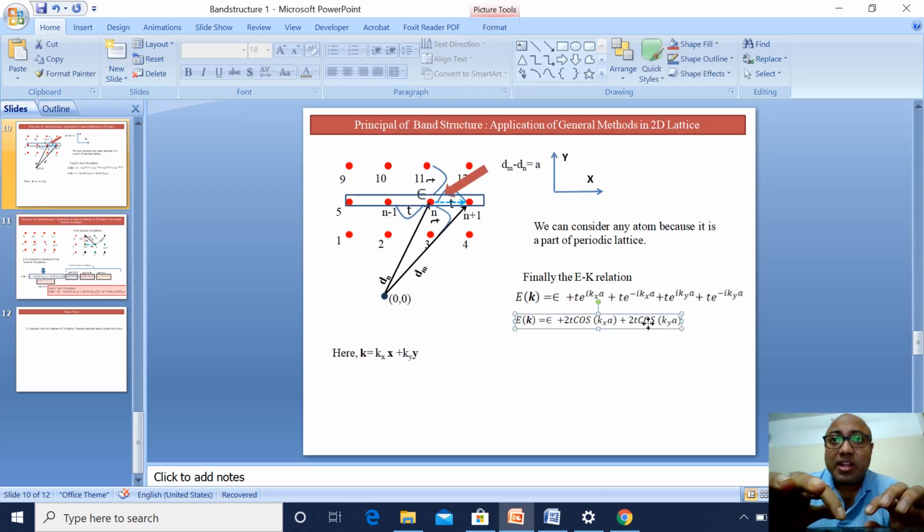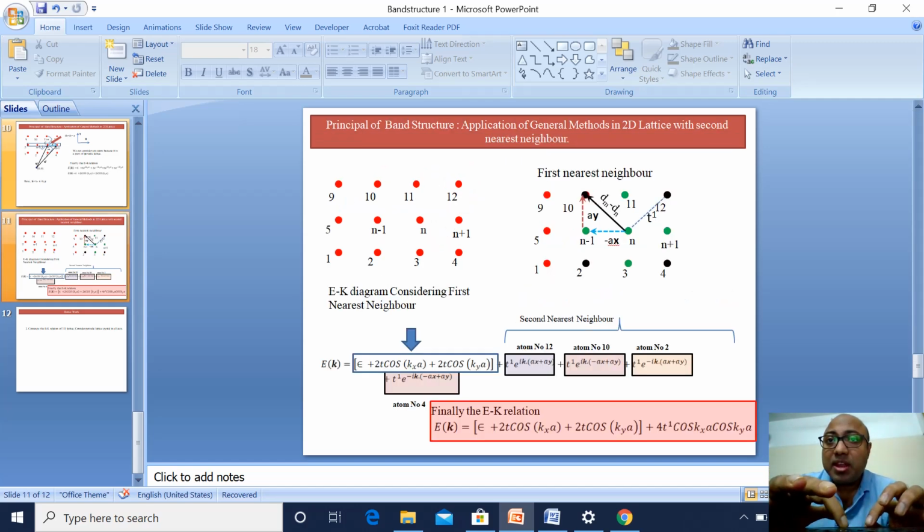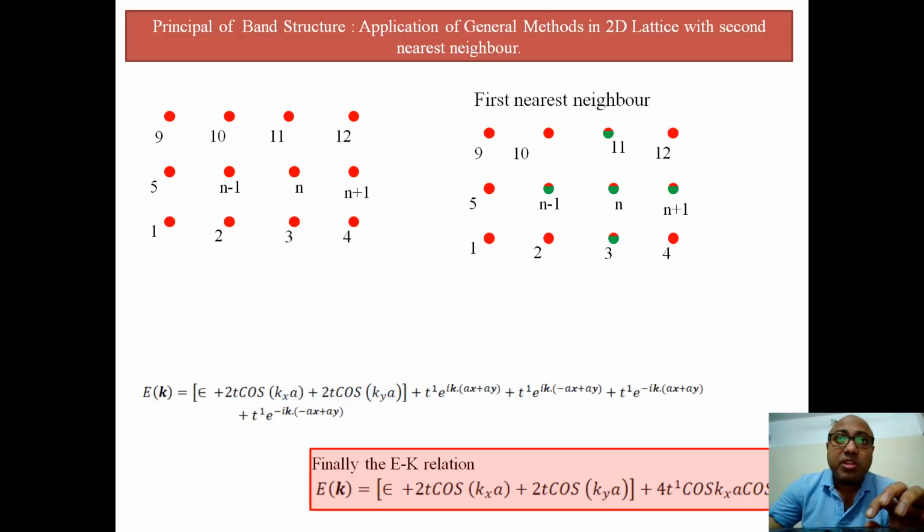This is the solution of the first nearest neighbor: epsilon plus 2t cos kxa plus 2t cos kya. That means if you have considered the green part, that is the solution.